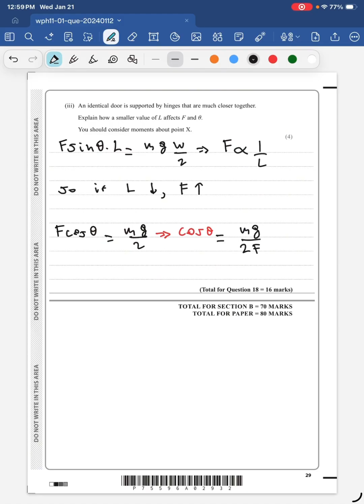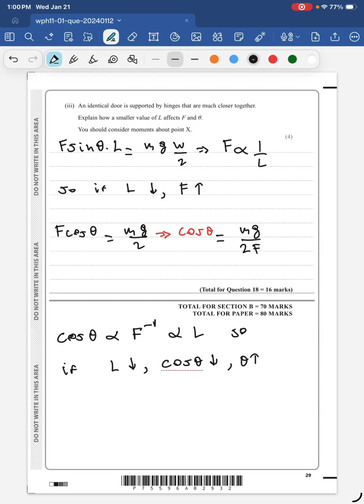So in other words, I'm sorry if I'm confusing you, but what we found now is that cosine theta is proportional to 1 over F, but F is proportional to 1 over L, therefore cosine theta is proportional to L. So if L decreases, cosine theta decreases, therefore theta increases, right?